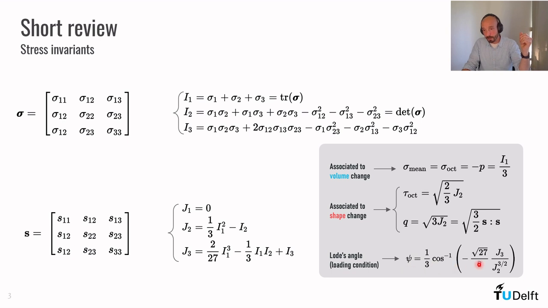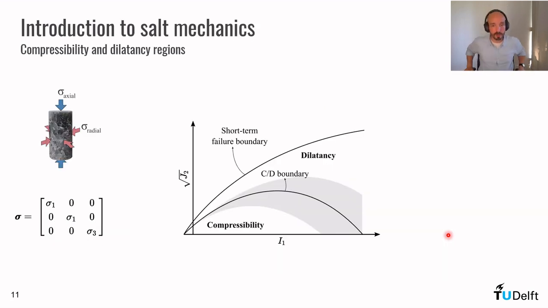And it is computed based on J3 and J2, so only in terms of the deviatoric stress. Okay, so keep those quantities in mind. We are going to see those quantities along this presentation. Now let's talk about salt rock mechanics.